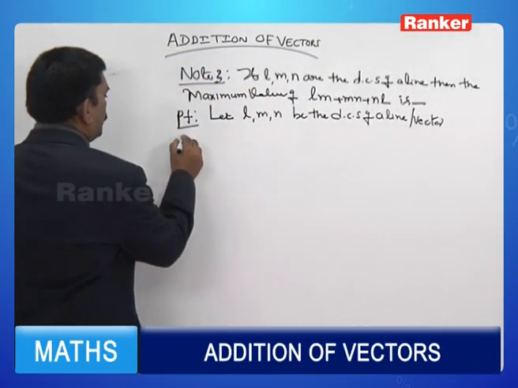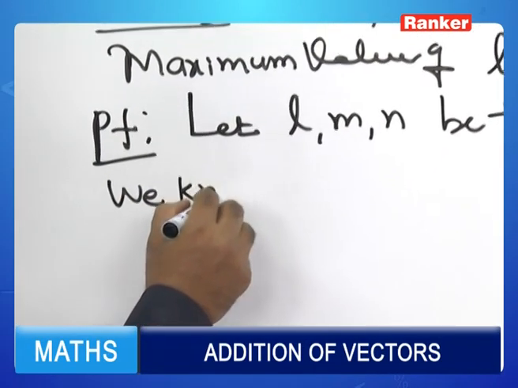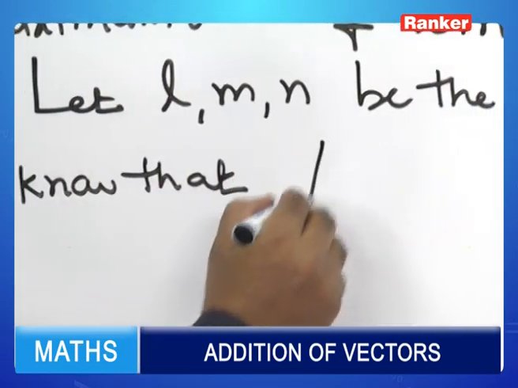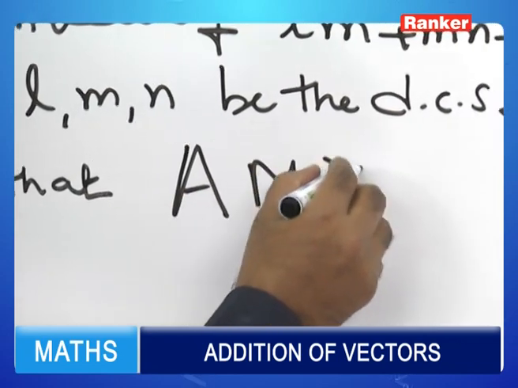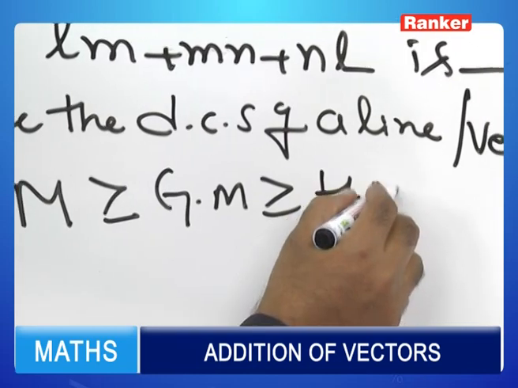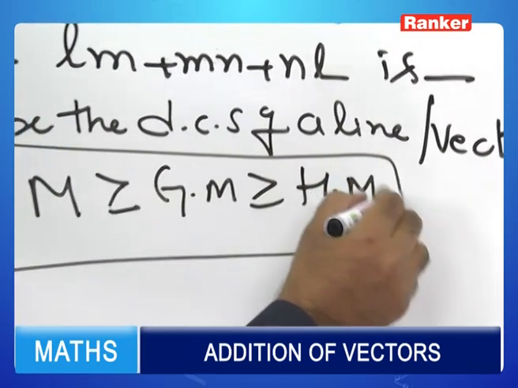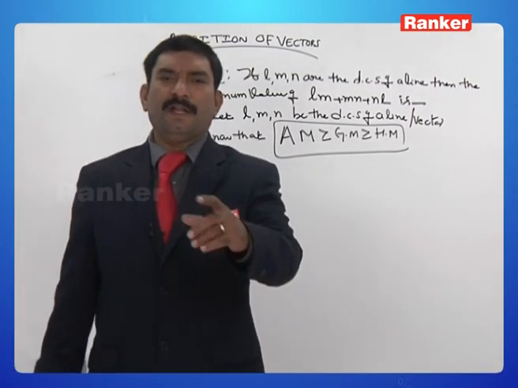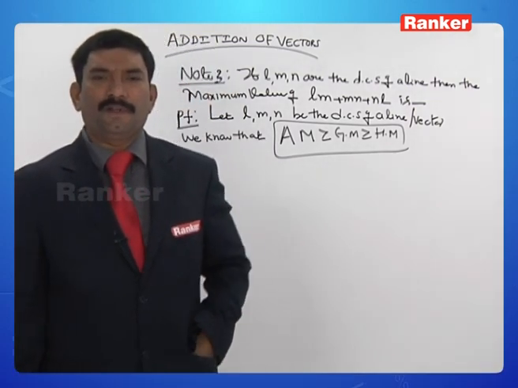And we know that AM, arithmetic mean, is always greater than or equal to GM, geometric mean, which is always greater than or equal to what? A harmonic mean. AM is greater than or equal to GM, which is always greater than or equal to HM.